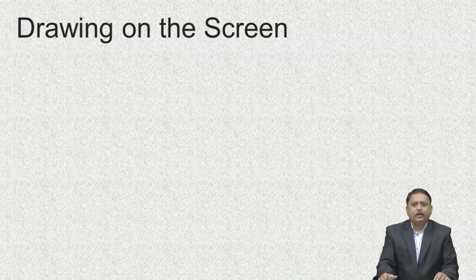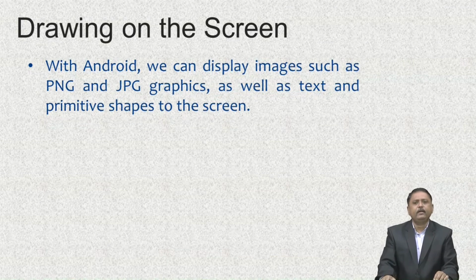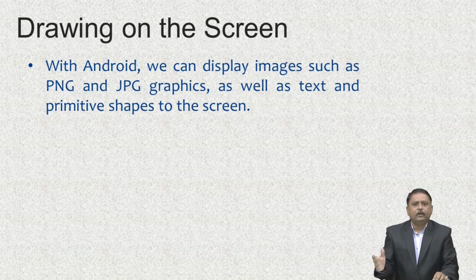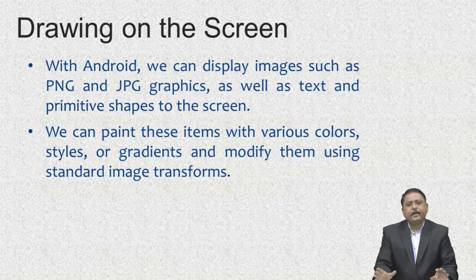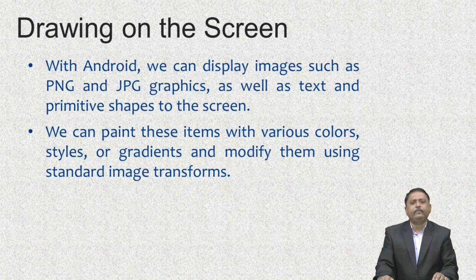Let us learn how to draw something on the screen. With Android, we can display images such as PNG and JPG graphics as well as text and primitive shapes on the screen. Primitive shapes means rectangle, oval, etc. We can paint these items with various colors, styles or gradients and modify them using standard image transforms.